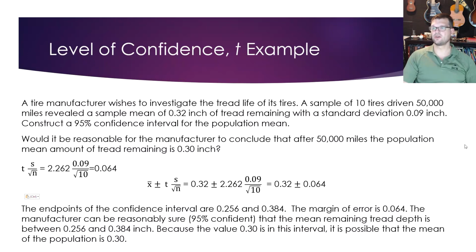And if we were to calculate the percent margin of error, we would do 0.064 divided by the mean, which is 0.32. Let's do that really quick. I'm going to put this into Excel, divided by 0.32, and that's going to give me 0.2.